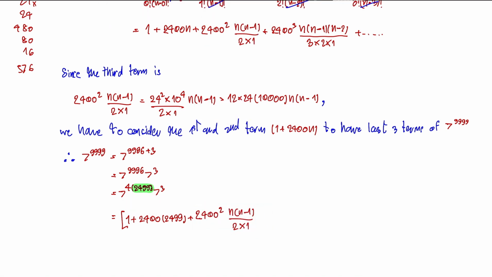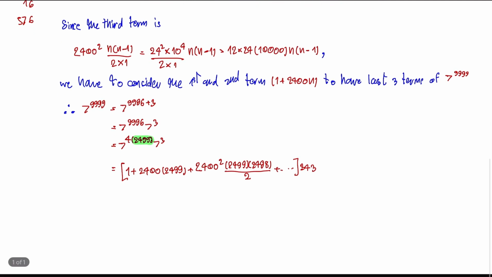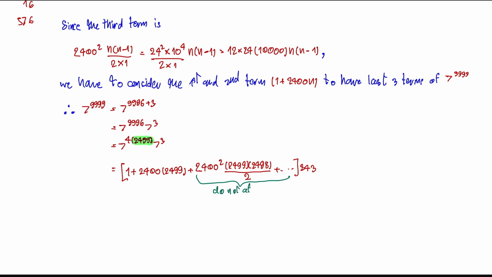So this one becomes 249 times 248 divided by 2, plus and so on, and multiply by 7 raised to the power of 3. 7 to the 3 is 343. And all of these terms do not affect the last 3 digits we want to find, right? So now we just consider this term.